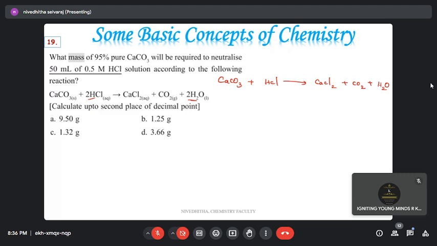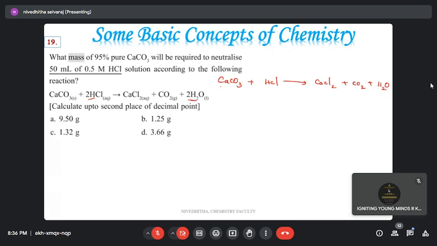So how to balance this? Yes. Since there is H2O on that side, we'll need 2 hydrogens, so 2 HCl.